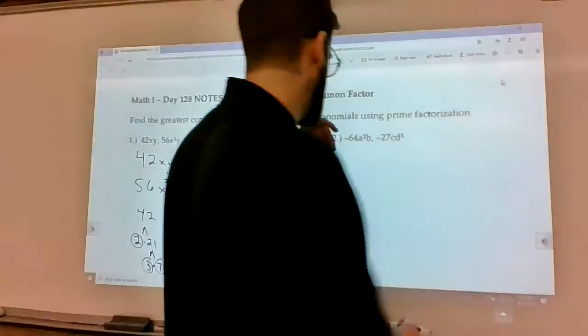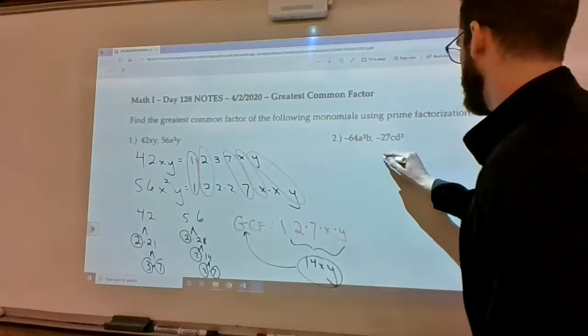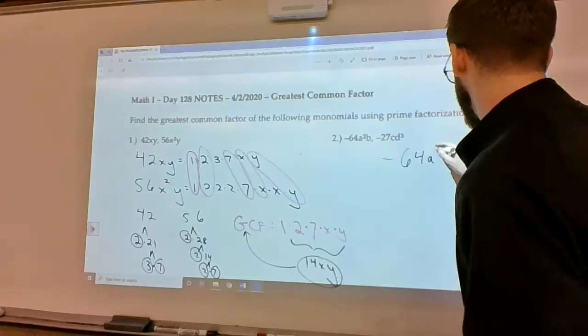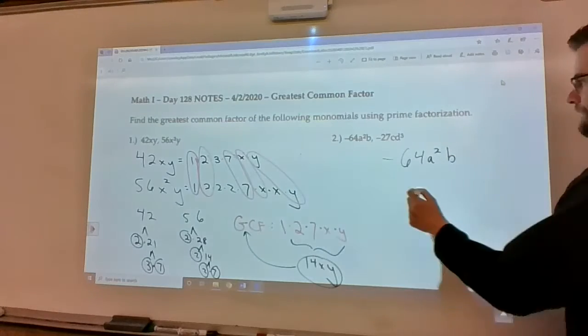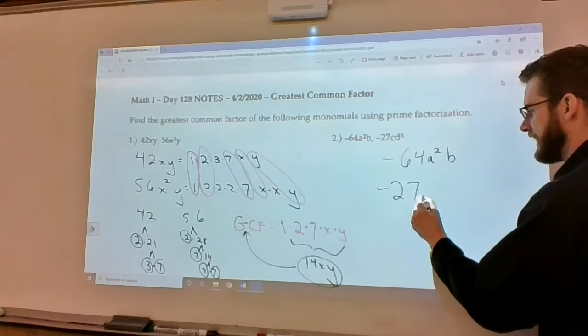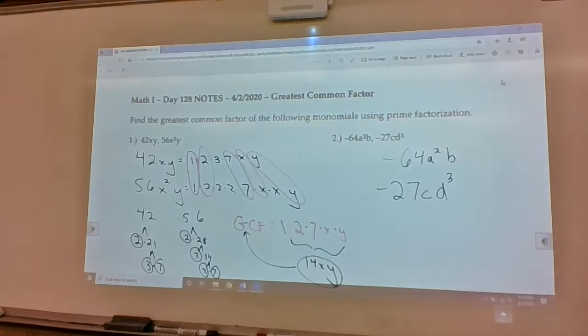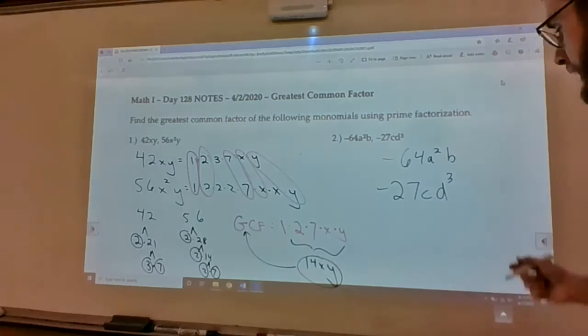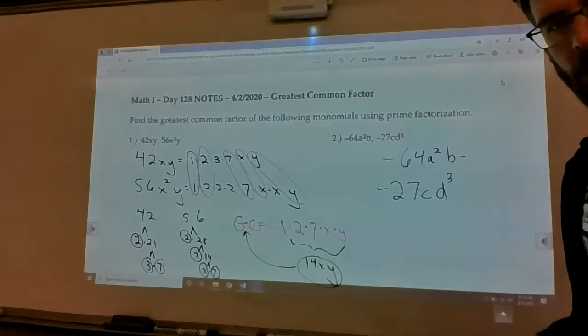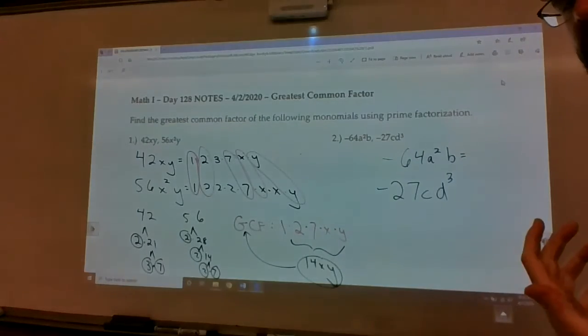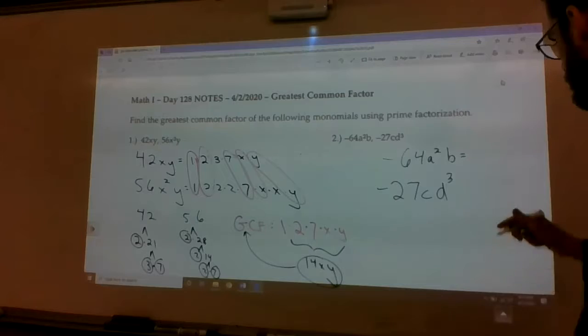Let's try it with number 2. You've got negative 64a squared b, and then negative 27cd cubed. All right, so again, we're just going to try to map out the prime factorization.